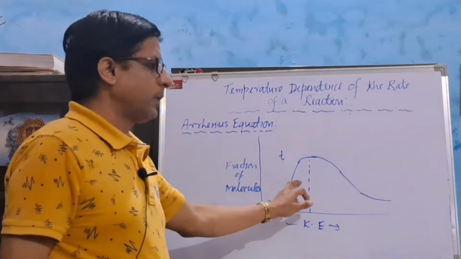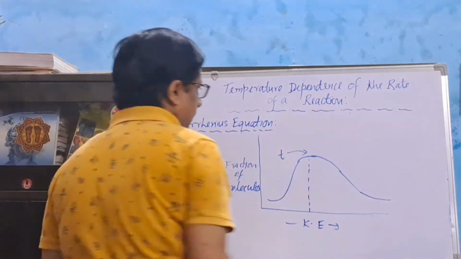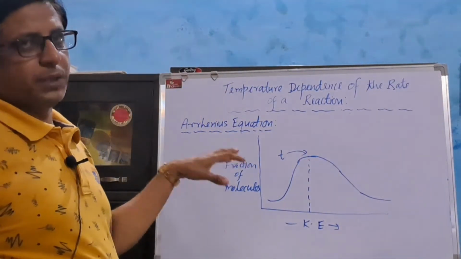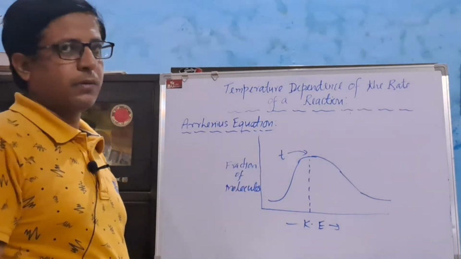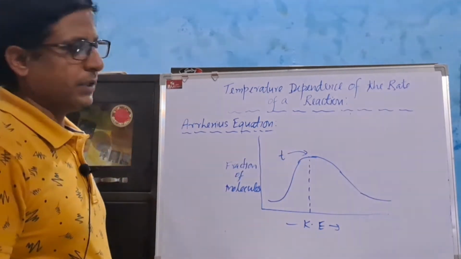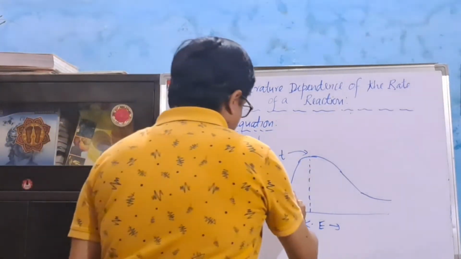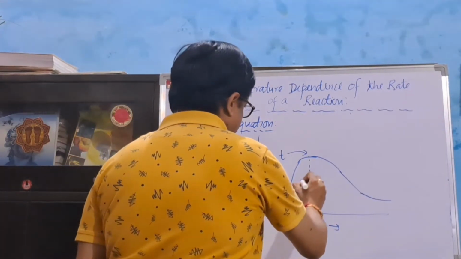Now, if we increase the temperature by 10 degrees centigrade, the curve broadens out and the most probable kinetic energy goes forward.